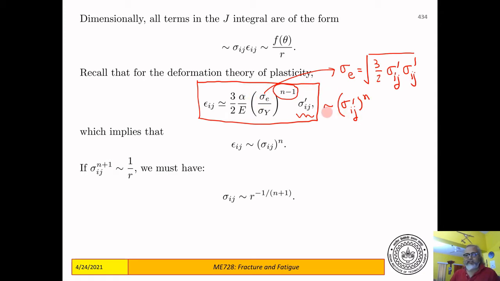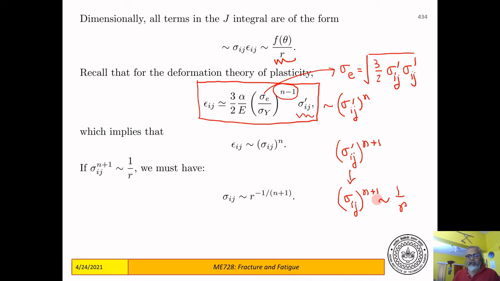Now, if this epsilon goes as sigma ij prime to the power n, then sigma ij epsilon ij will go as sigma ij prime to the power n plus 1, which is the same as saying it will go as sigma ij to the power n plus 1, which we have shown from the path independence of the J integral should go as 1 by r.